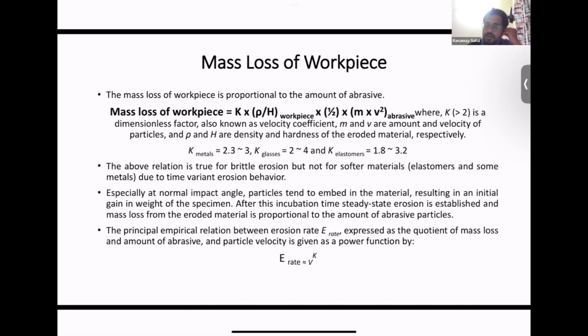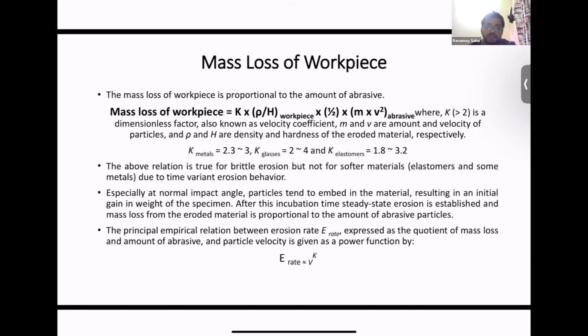All right, so let's start with your abrasive water jet machining process. Now, this is one concept about your mass loss, which is happening due to the abrasive action of your particles. So actually, initially, what happens is that the particles tend to embed into the material, and after a little incubation time, your steady state erosion begins.